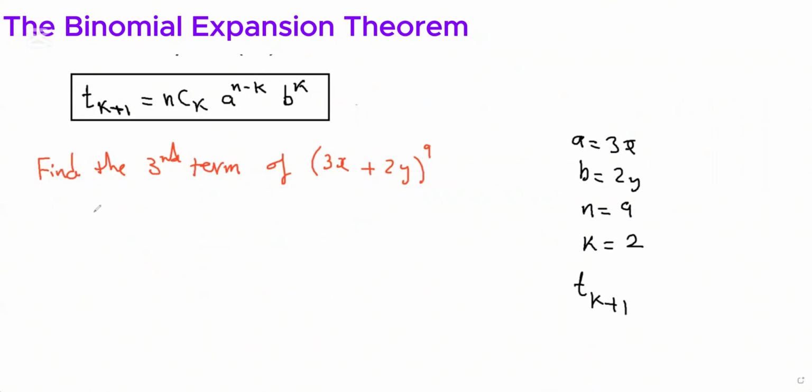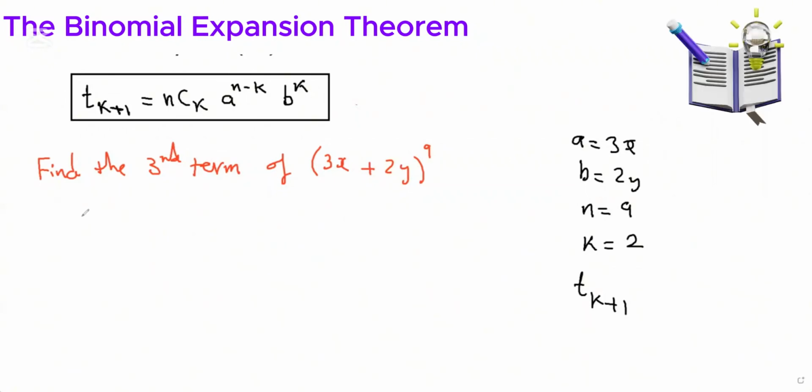So now, since we identified all our terms, we go ahead and go t 2 plus 1 equals n, which is 9, choose 2, a, which is 3x, to the n minus k, so 9 minus 2, and then b, which is 2y, to the k, which is 2.